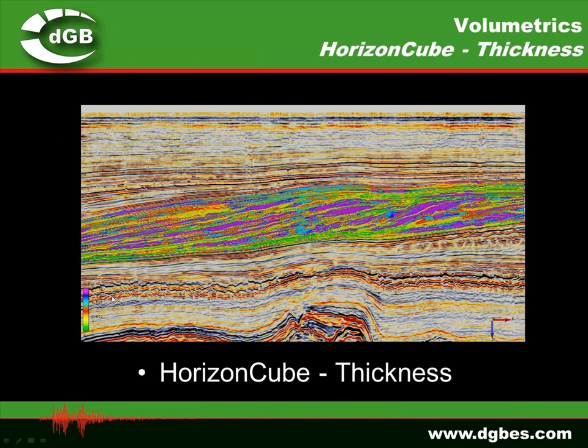Here in purple is a high thickness, and in green a low thickness. So you can really see when the thickness of the layers is more important, and the variation in the thickness.